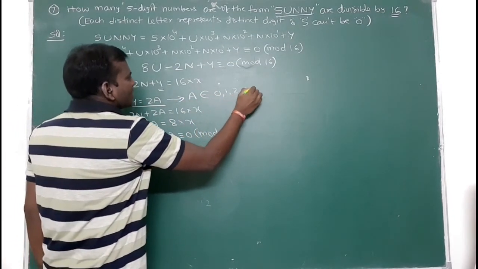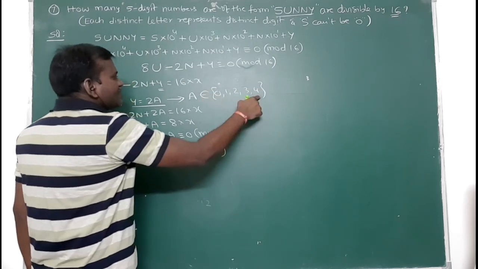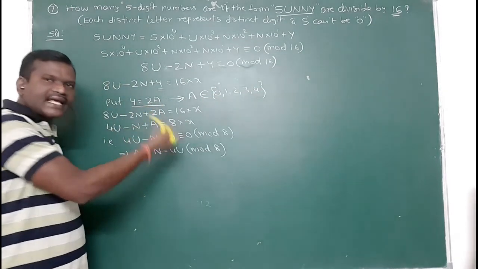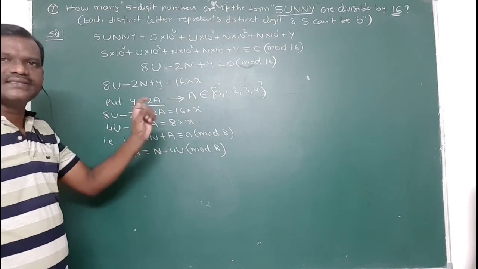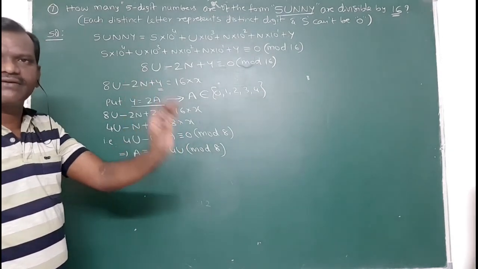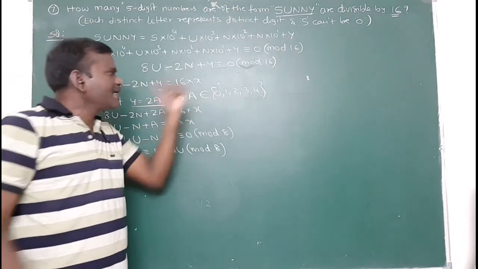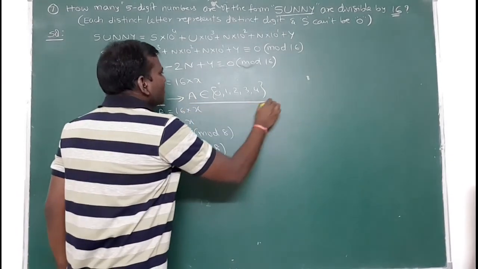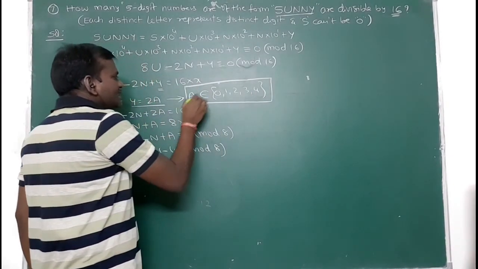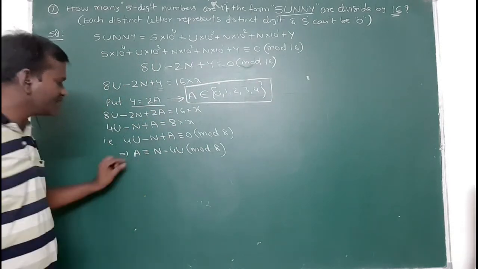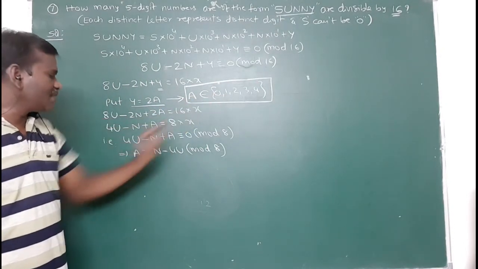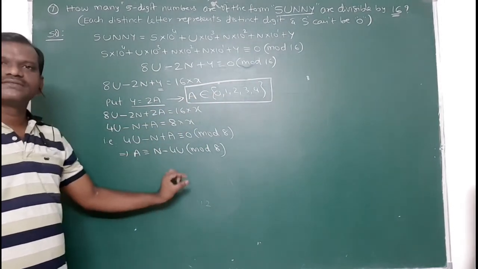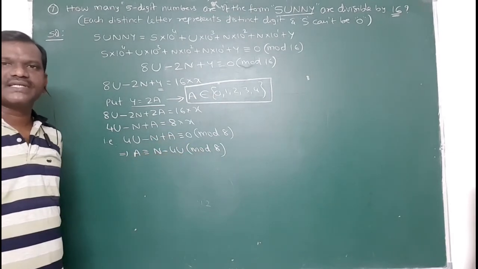If it is 5, then Y becomes the 2-digit number 10, but Y is a digit, 0 to 9 only. So A values are restricted to 0, 1, 2, 3, 4, which is the advantage for us here. I will keep only those, and then find the remaining possibilities for N and U.